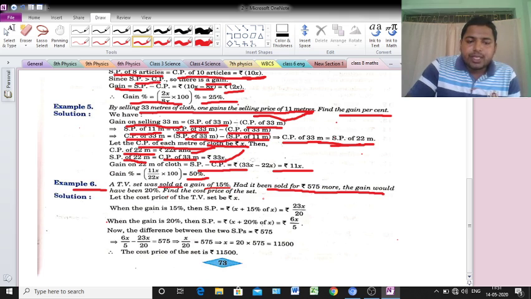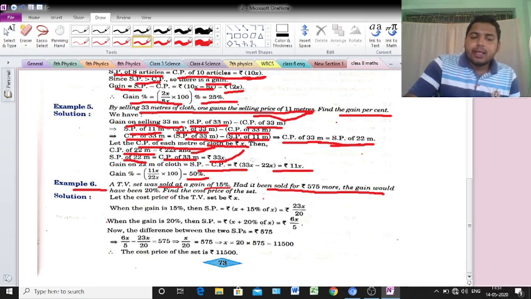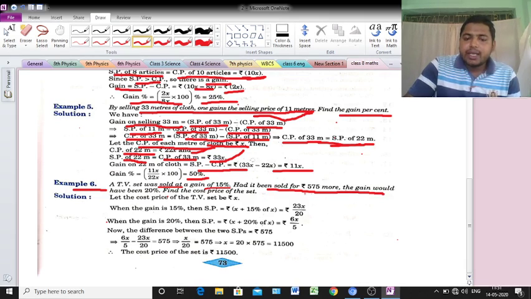The selling price is not mentioned, but a 15% profit was got. If he got 575 more on the selling price, the gain will come to 20%.